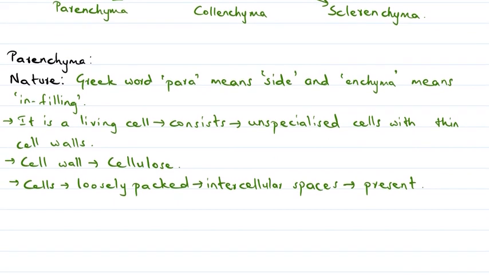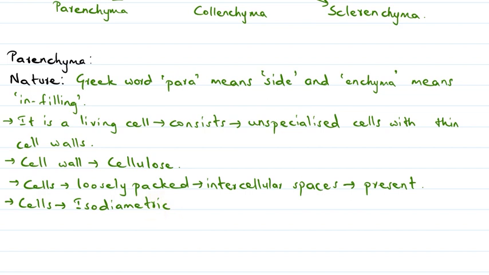Then the parenchyma cells are isodiametric. That is, they are more or less equally expanded on all sides, and this is called isodiametric shape.